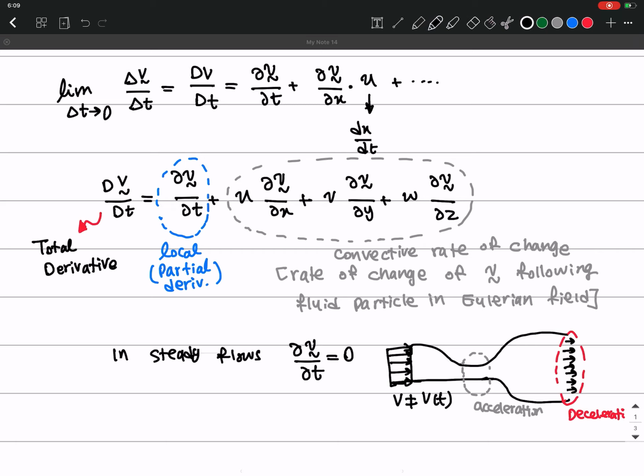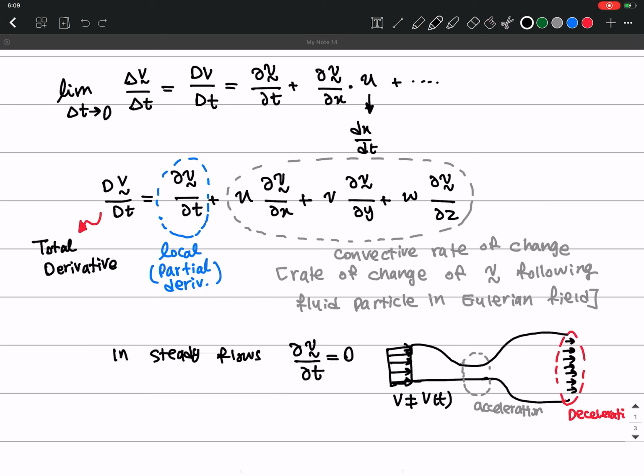So although the convective rate of change is not necessarily 0, we have a total derivative that is not 0, so dV over dt is not 0, but partial V over partial t is 0. This is actually the meaning of a steady flow.